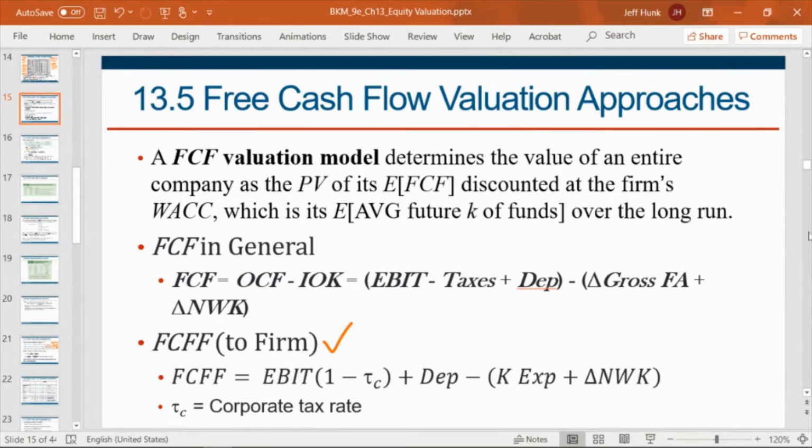Even if I say, which is equal to earnings before interest and taxes minus taxes plus depreciation minus change in gross fixed asset plus change in net working capital. Reading fast is not studying.